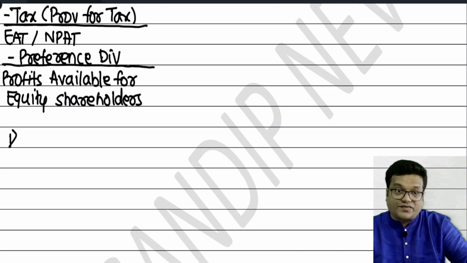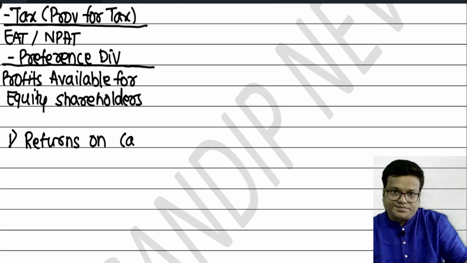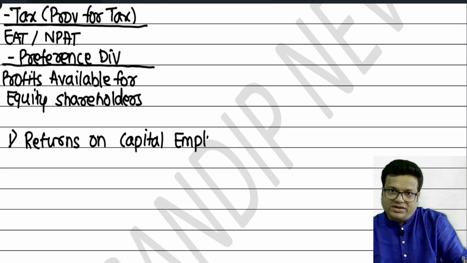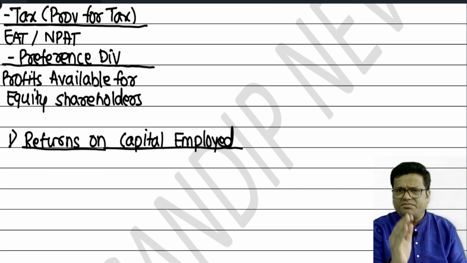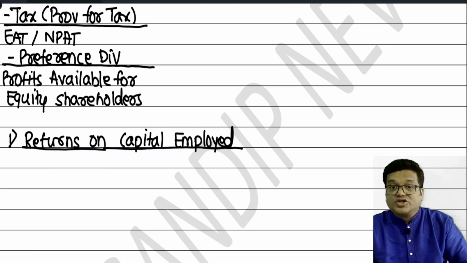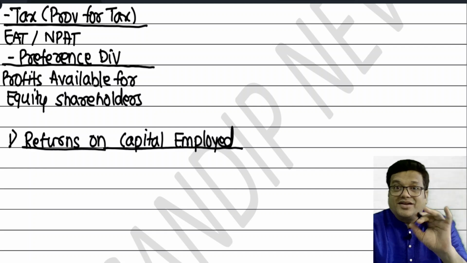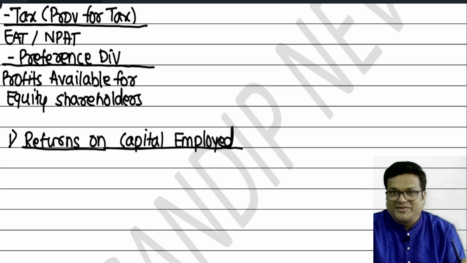So the very first formula that we discussed now is returns on capital employed. Returns on what? Capital employed. See, I have always tried my best to give you some idea so that you can remember the ratio from its name, isn't it?